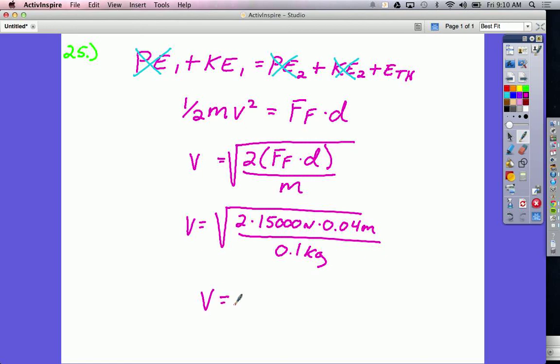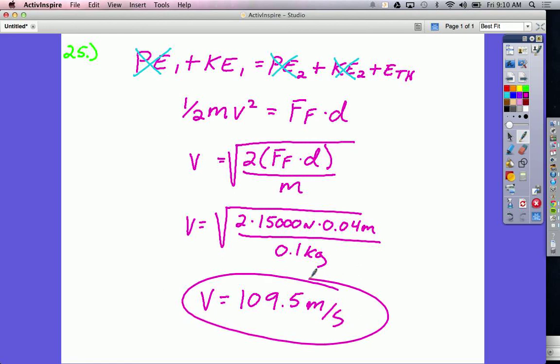When I plug all those numbers in, I should find an initial speed of 109.5 meters per second. And that is how we do problem number 25.